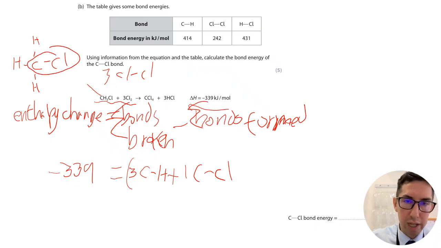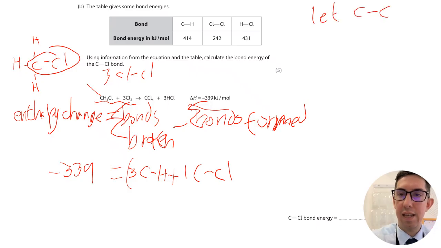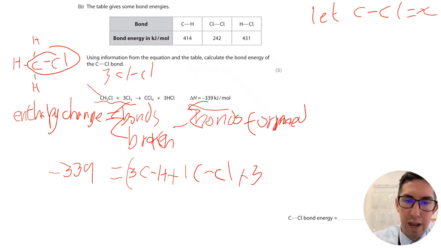That's the one we're trying to calculate. That's going to be our X. So we could say let C-Cl equal X. We can put X in our equation in a moment. What else do we need to break? We need to break plus 3 times Cl-Cl bonds. So that's all our bonds we have to break.